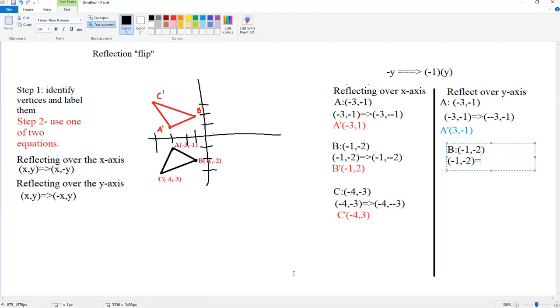So it's going to be negative negative 1 and negative 2, because the x is supposed to have the negative in front of it now. So that means that my B prime is going to be positive 1, because negative negative is positive, and negative 2.